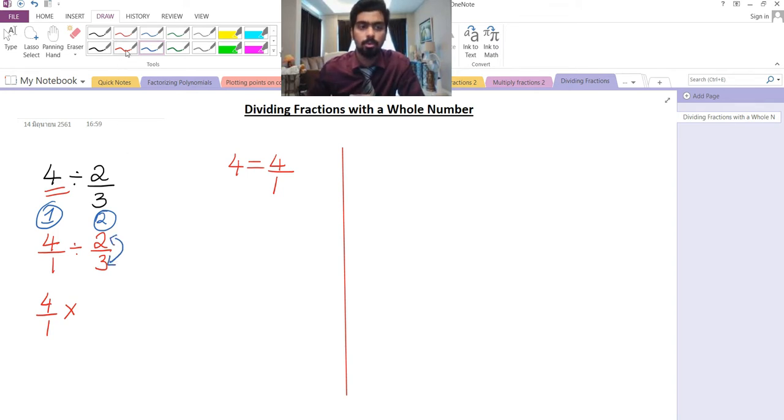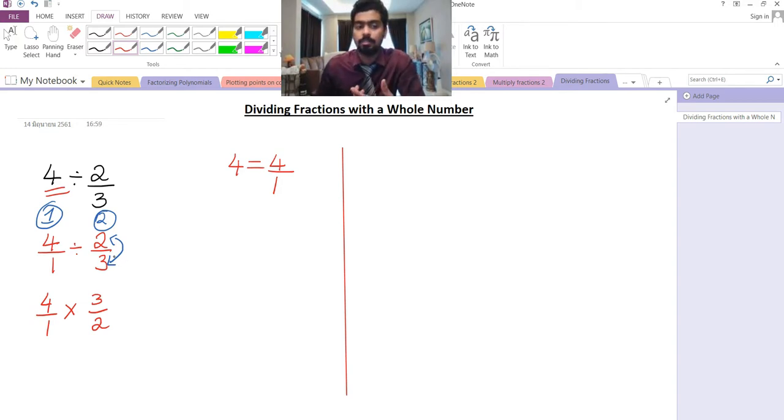So 2/3, now we will write it as 3 over 2. So what did we do here? The first fraction, we kept it the same. The division sign, we changed it to a multiplication sign, and then we flipped the numerator and the denominator. So 2 over 3 changed to 3 over 2.